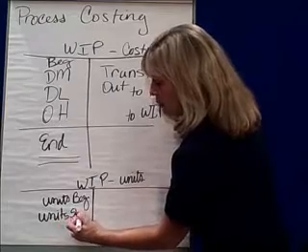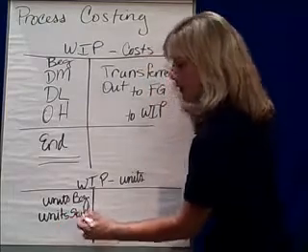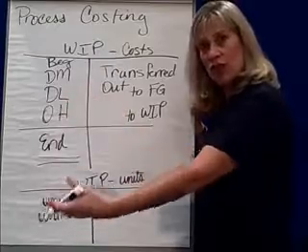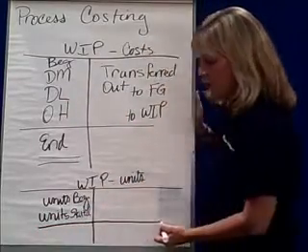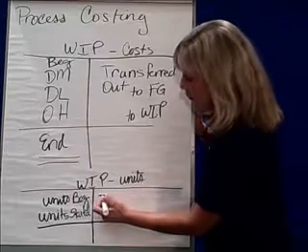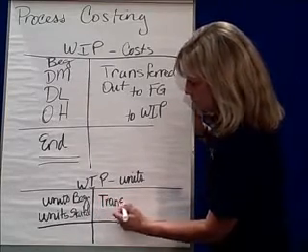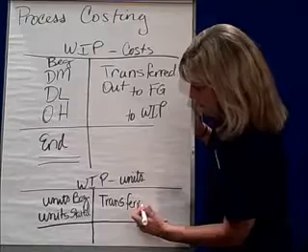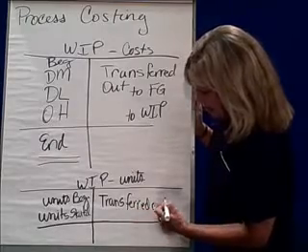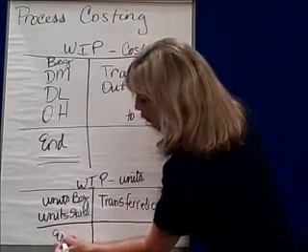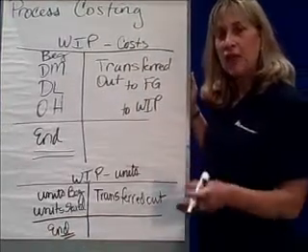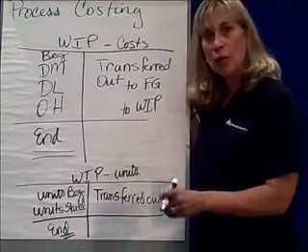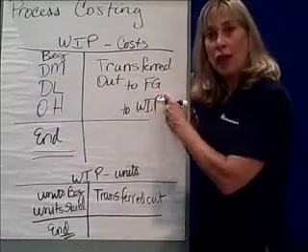In other words, how much ingredients did we put in that we know should make so many of our products. And those units are either transferred out or they're still with me in ending inventory. But in any case, the manager is accountable for the units and the costs.